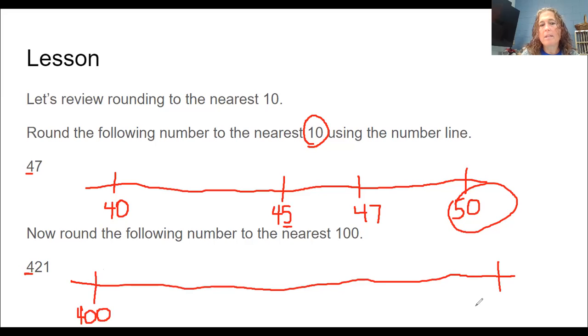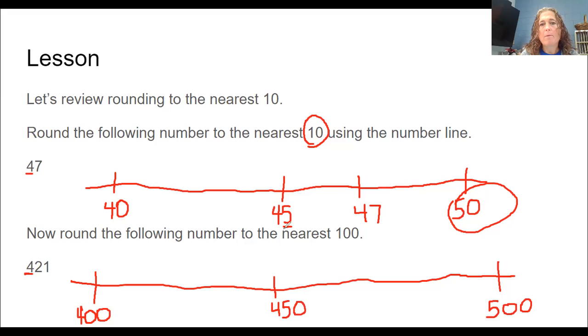The higher one would be the next 100 up from that, which would be 500. We would again place our middle benchmark number, which is directly between those two numbers, 450.